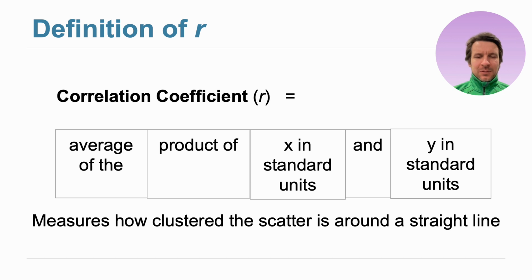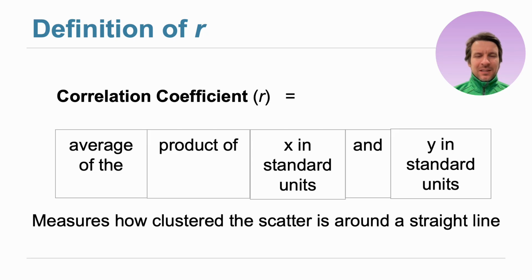We can look back at the slide before: x minus the mean of x is the first part of the product, and y minus the mean of y is the part of the second, y in standard units, and the denominator moves things to the standard units.